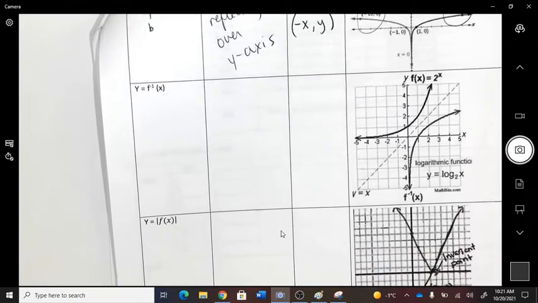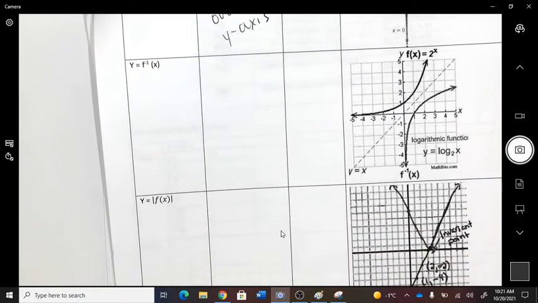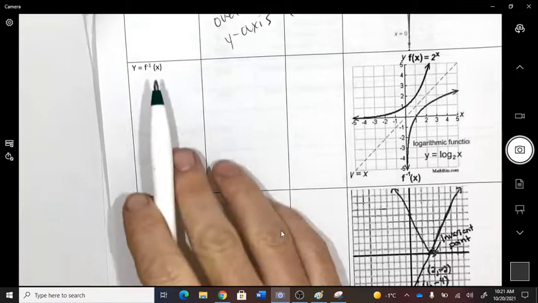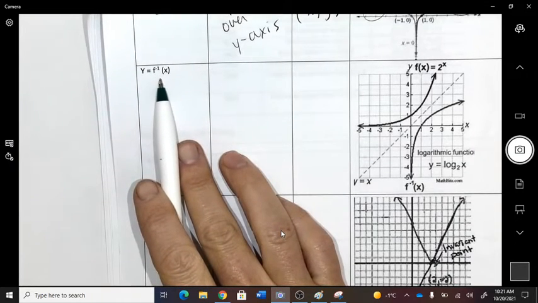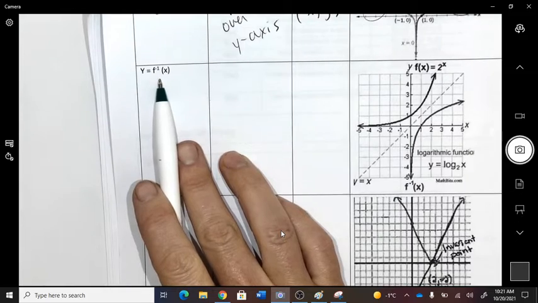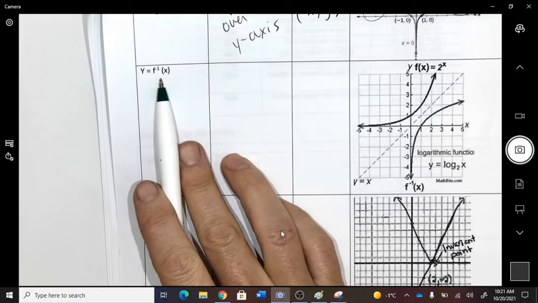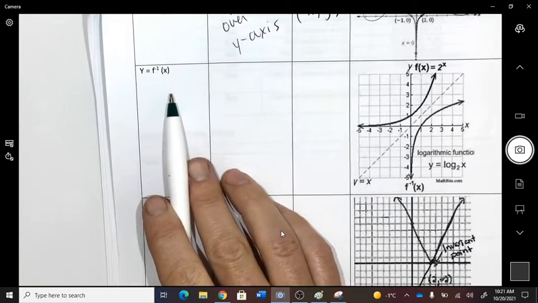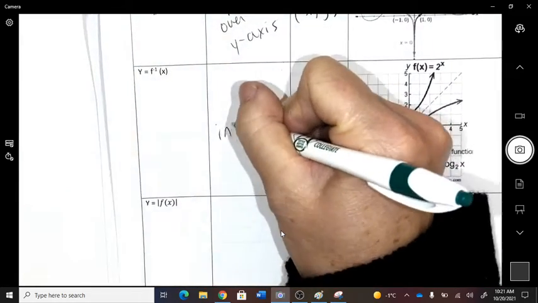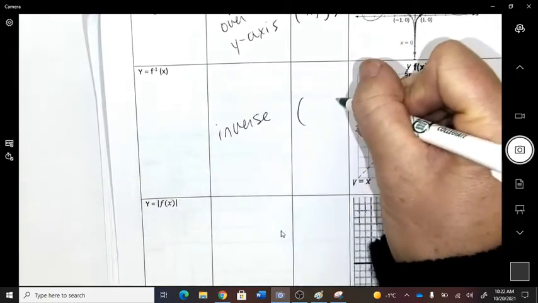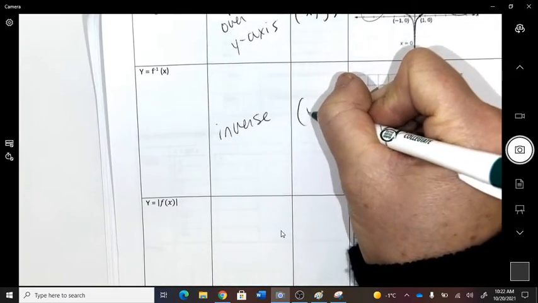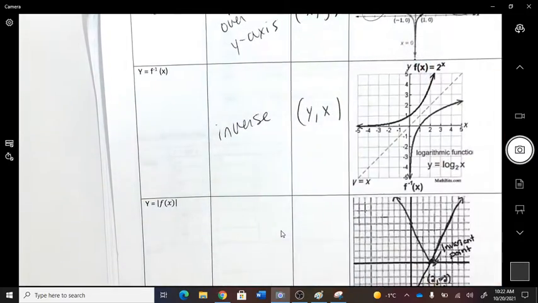Okay. Next, you need to remember the symbols. So what does this symbol mean? So you had your absolute, you had a reciprocal, and you had an inverse. Which one of those is this? Inverse, which means to do a switch.